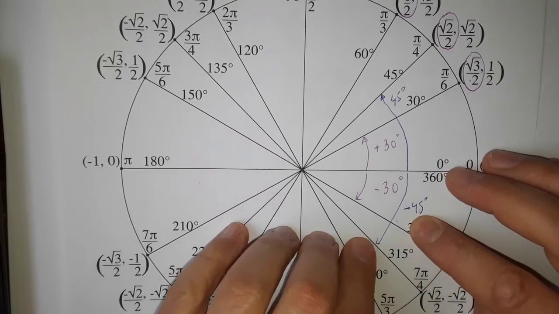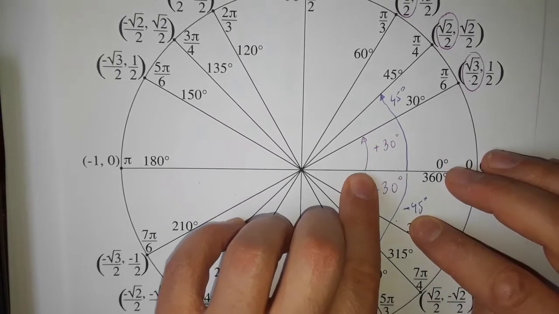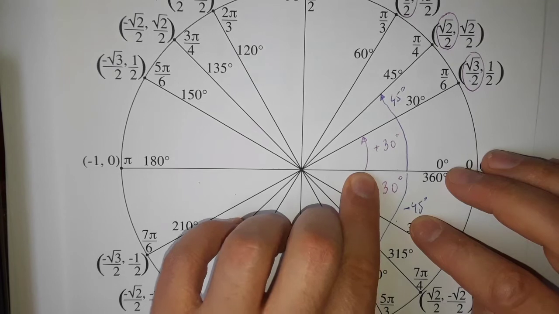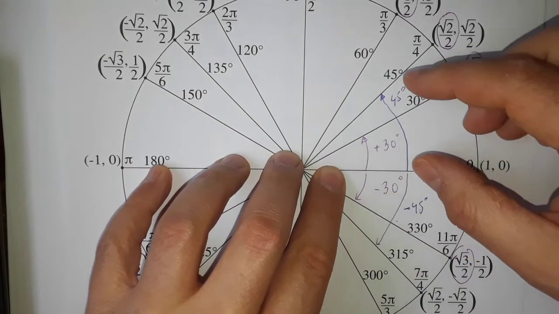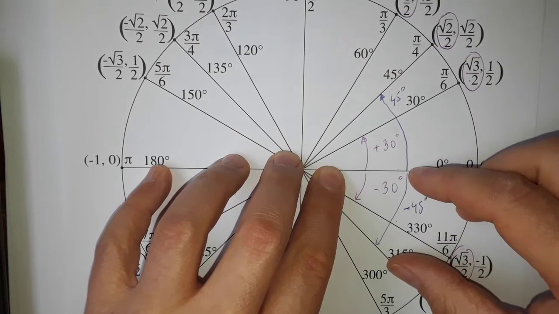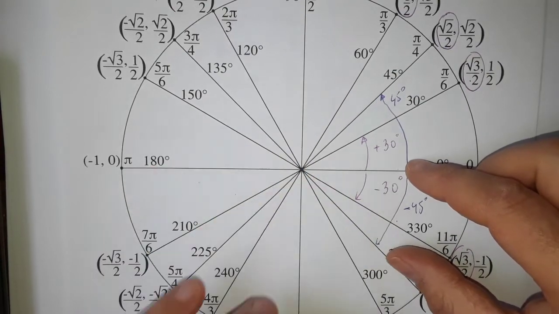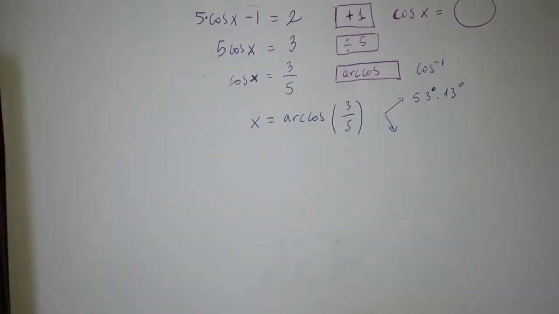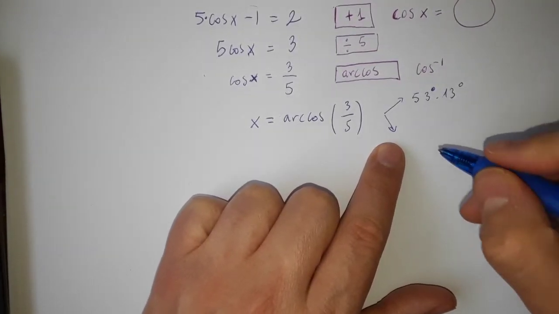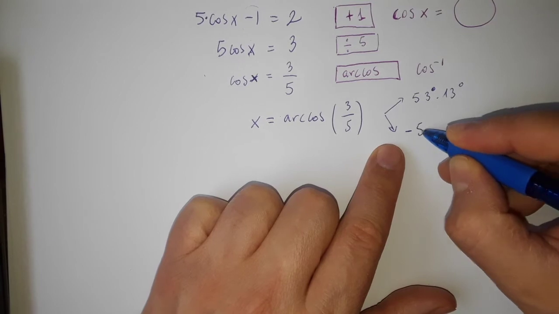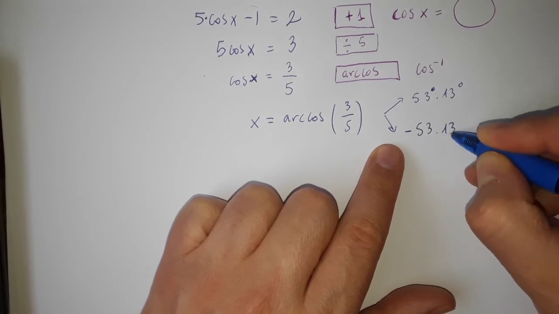For the cosine, besides the positive, the same angle but negative is going to give us the same cosine. Because of that, we're going to have two answers. One is 53.13, and the other one is negative 53.13.